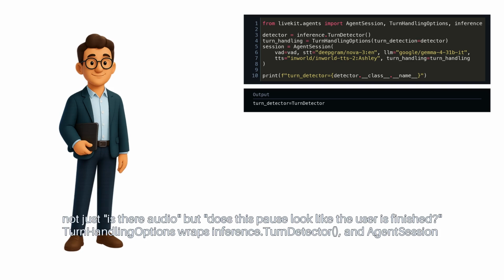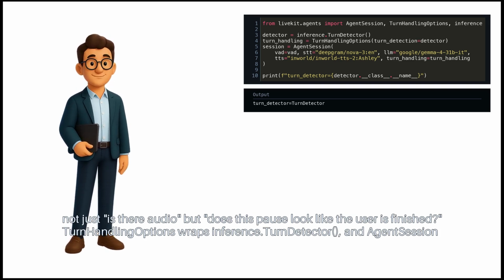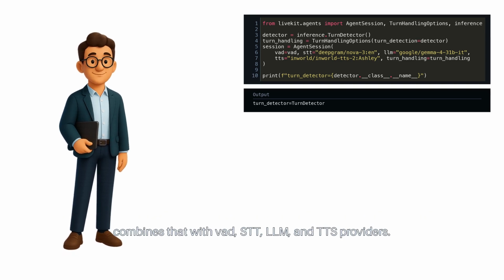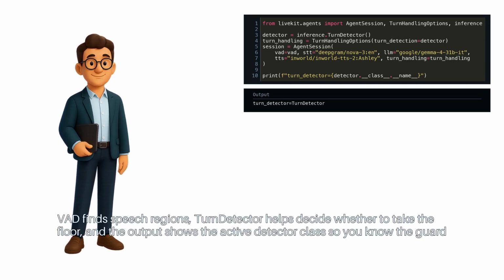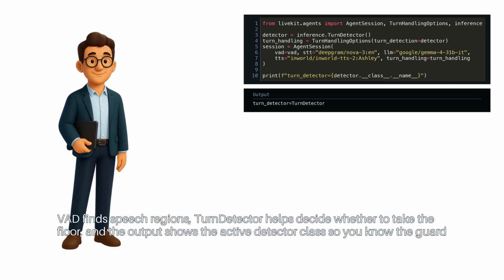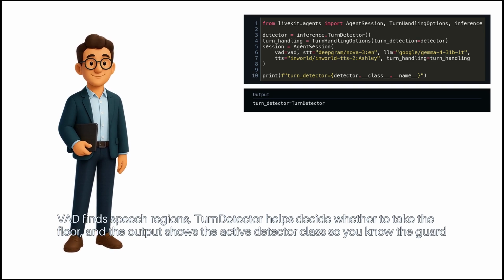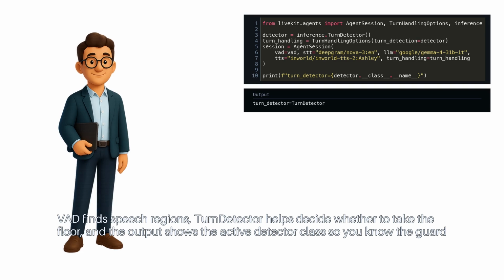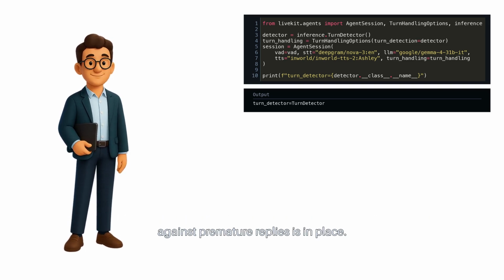TurnHandlingOptions wraps the inference turn detector, and AgentSession combines that with VAD, STT, LLM, and TTS providers. In short, VAD finds speech regions. The turn detector helps decide whether to take the floor, and the output shows the active detector class, so you know the guard against premature replies is in place.